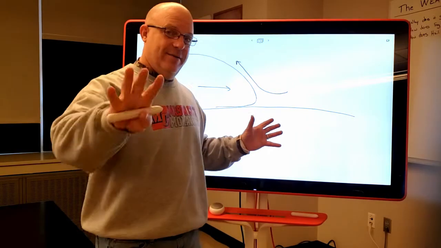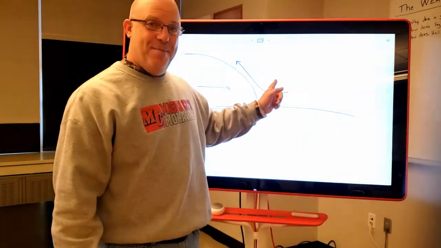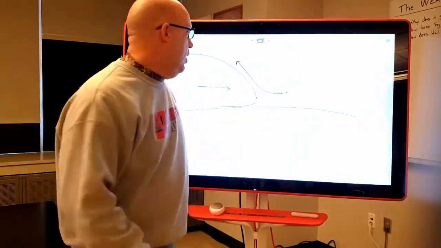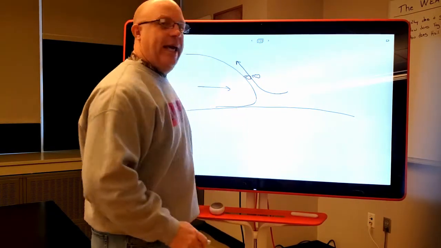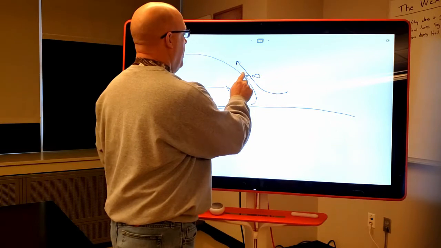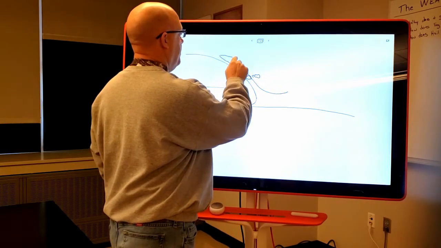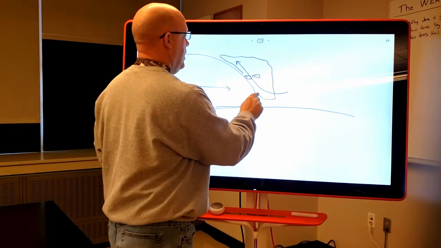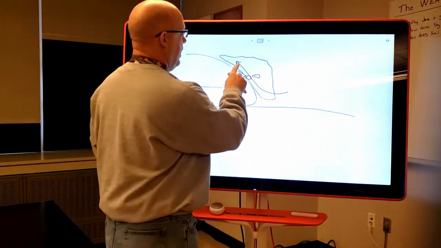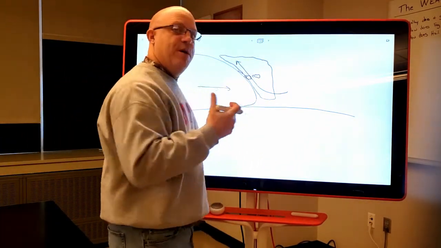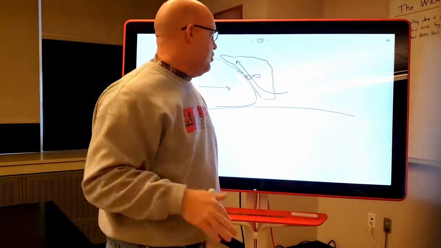Now remember, as warm air goes up, it starts to cool and form clouds. If it keeps going up, it'll form more clouds and big clouds that look like big thunderstorm clouds. And this cloud right here is what we call the cumulonimbus. It is the anvil head thunderstorm cloud.